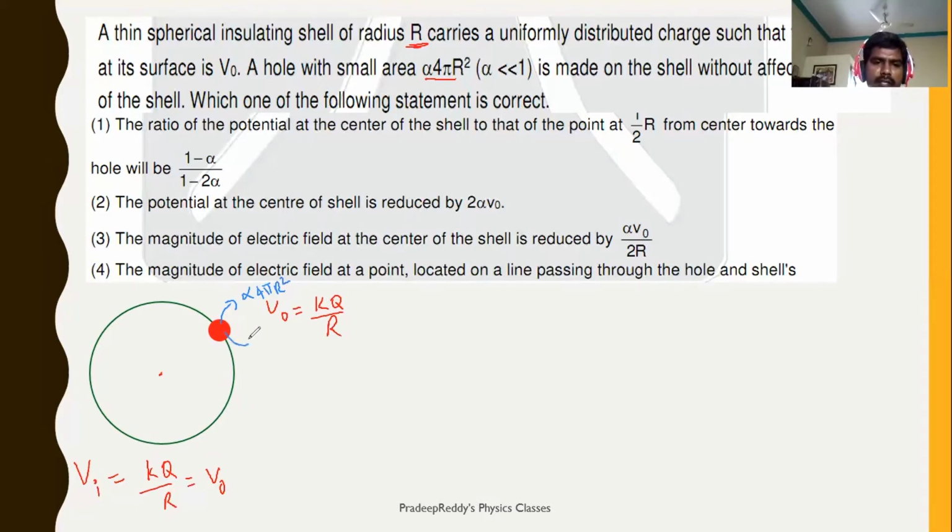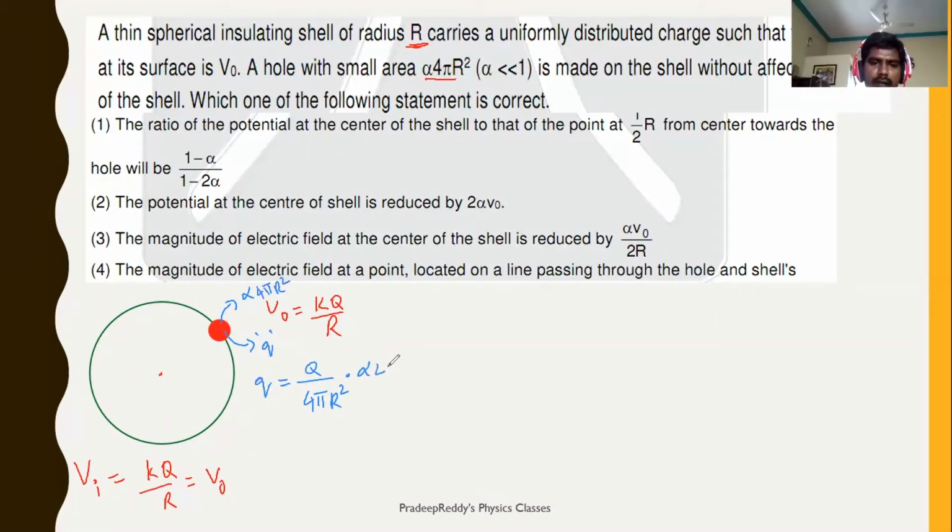Now let me consider this has some charge q. Now what is the total charge initially? It is capital Q. This removed portion has some charge q. So first I should find out the removed portion charge. So removed portion charge q is equal to sigma, that is capital Q divided by 4 pi R square, for the whole spherical shell, into the area of this smaller disk part removed.